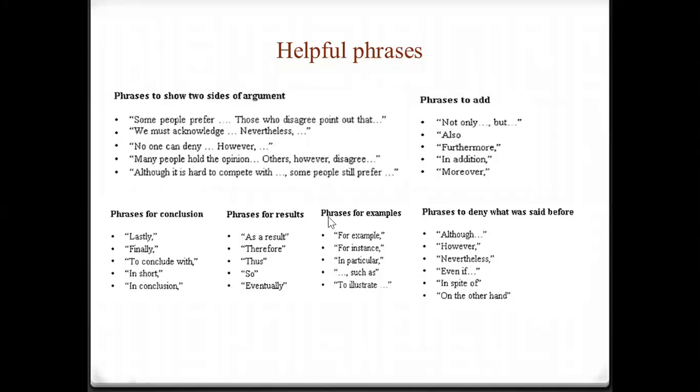Phrases for example, so kindly use the following: as for example, for instance, in particular, such as, and to illustrate. Phrases to deny what was said before. You may use the following: although, however, nevertheless, even if, in spite of, on the other hand.